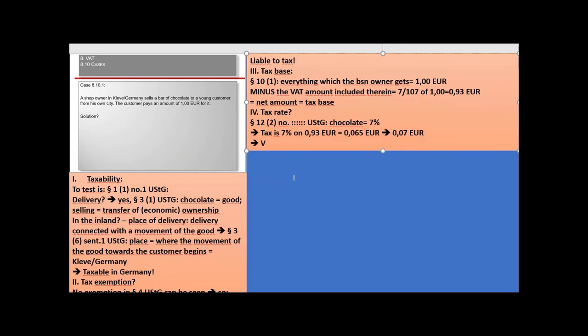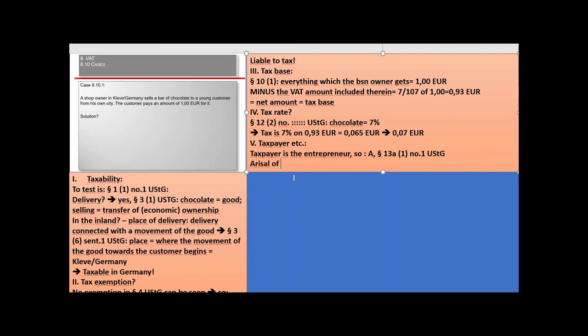The taxpayer, etc. So the formal aspects: taxpayer is the entrepreneur. That is somewhere to be found in 13A, number 1 USDG. Look it up at home if you have the tax files. If not, just believe it.